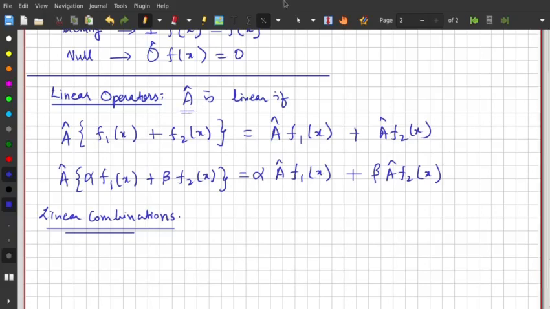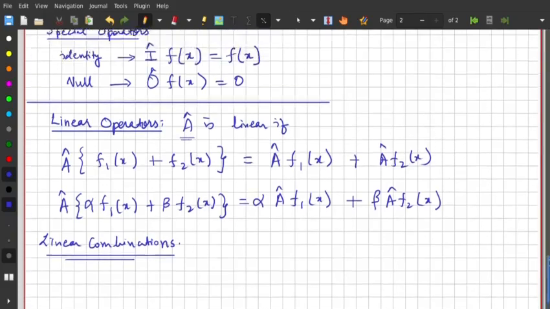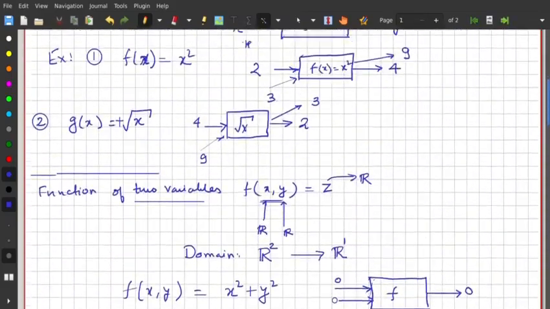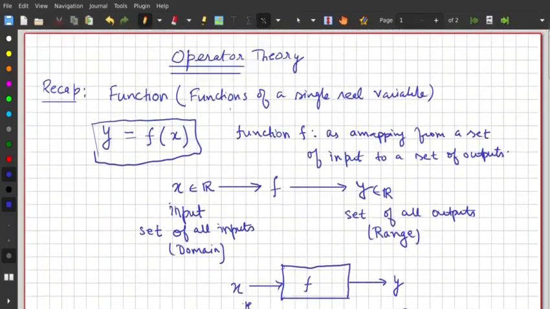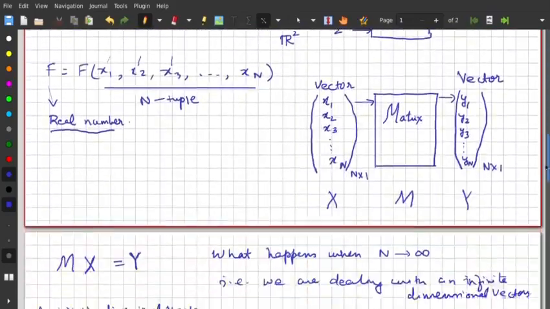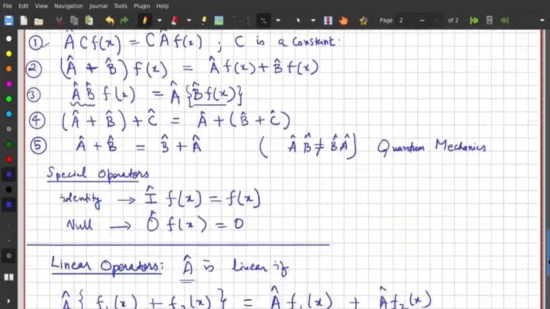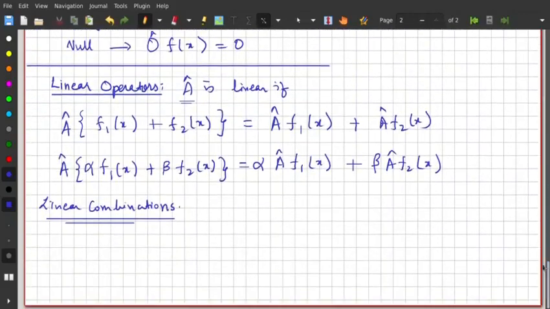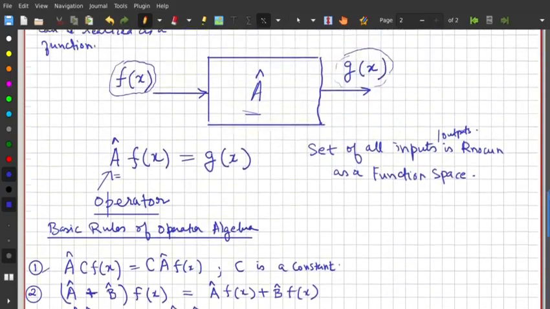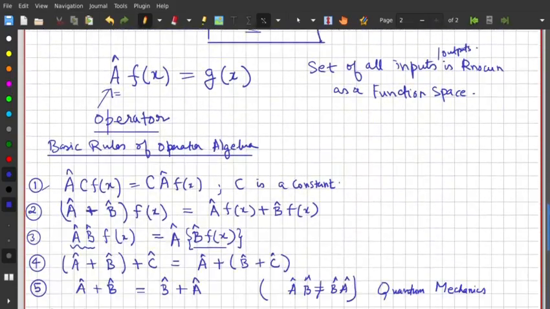So what we have covered in this lecture is the idea of what a general operator is. We have understood what we mean by an operator acting on an object.